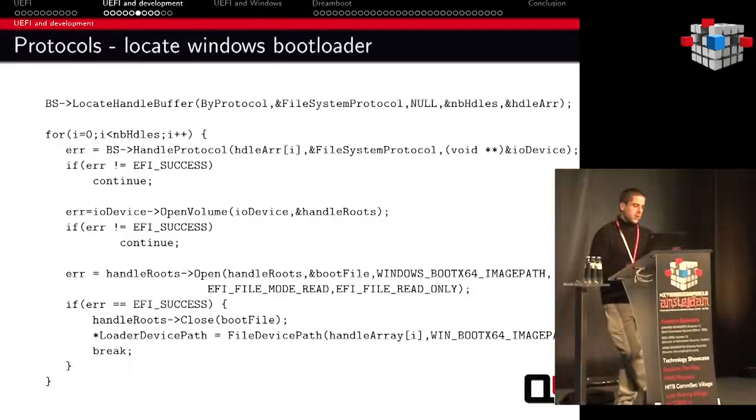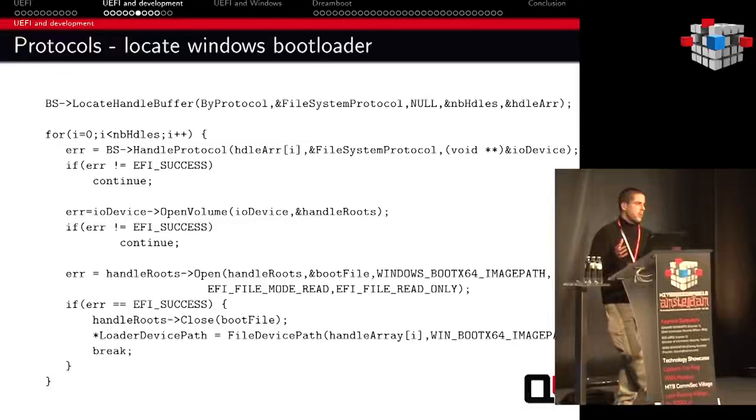Next, we use the handle protocol API to retrieve a custom object. Next, to call some functions like open volume, open, close, just to check files are there on a file system.